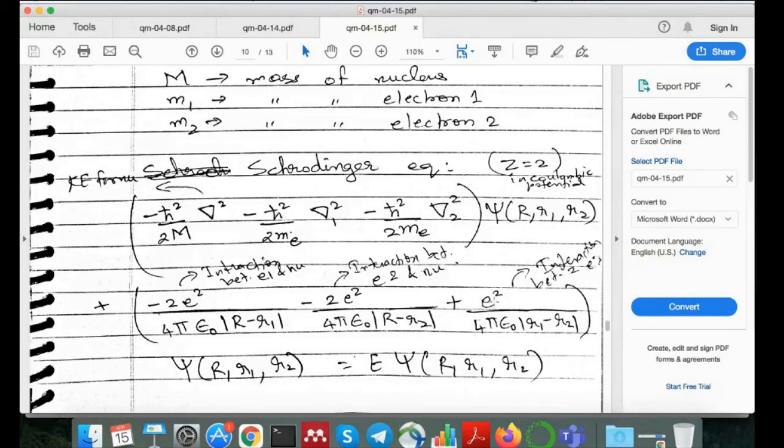So this term represents the repulsion between the first and the second electron. You can see that over here the distance goes as r1 minus r2. Here the distance goes as capital R minus r2. And here the distance goes as capital R minus r1. And this multiplied with psi gives you E times psi.